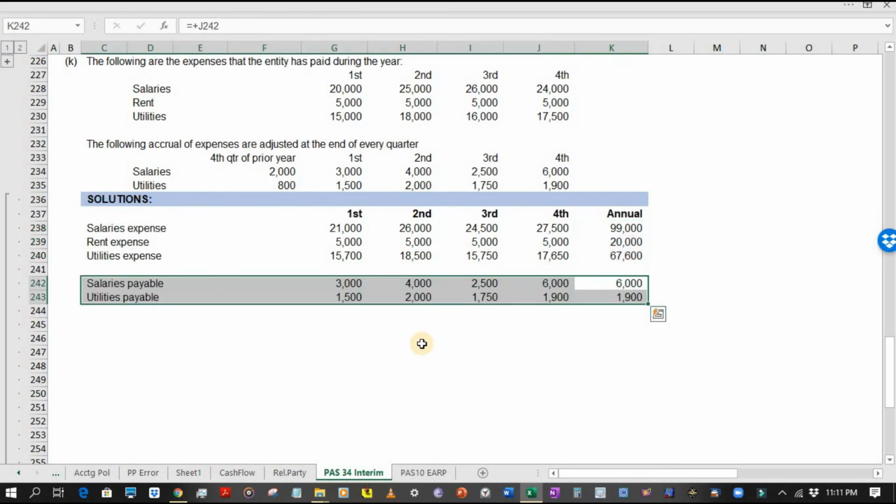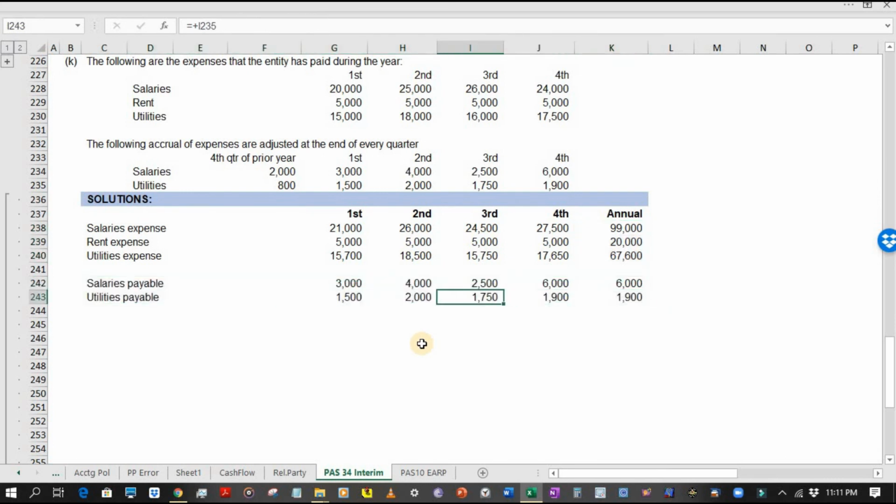So that will be 3,015. Basically, these amounts were just taken from the information given. And for the statement of financial position for the year, of course, that will be similar to that of the fourth quarter.